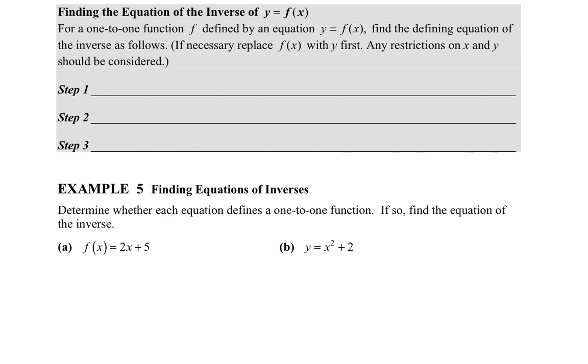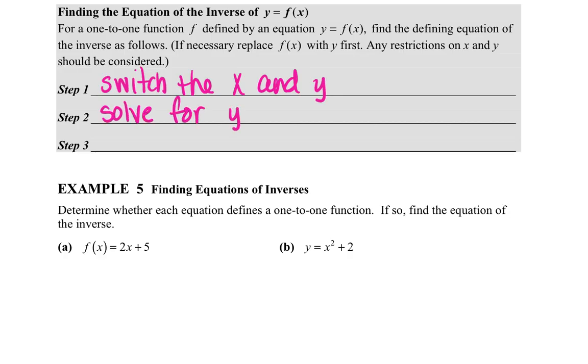The first thing you're going to do is switch the x and the y. Then you're going to solve your new equation for y. And then you're going to replace y with f inverse.